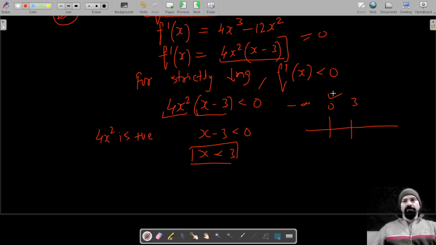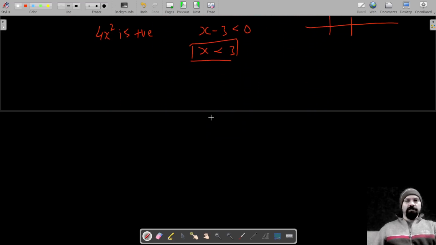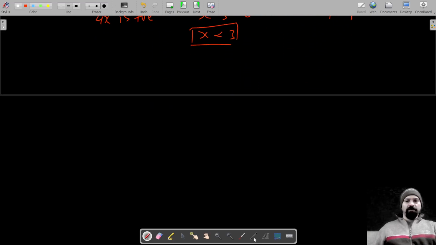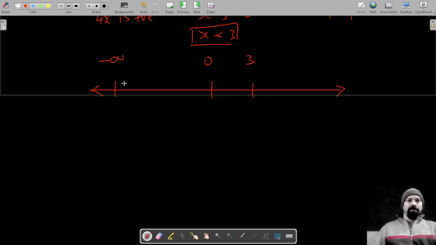So f dash becomes 0. So x equal to 0 has to be excluded. Now on the number line we have our intervals. We cannot take 0, so 0 has to be excluded, and this is 3. So our interval should be negative infinity to 0, where 0 is not included, then 0 to 3, and 3 is also not included.